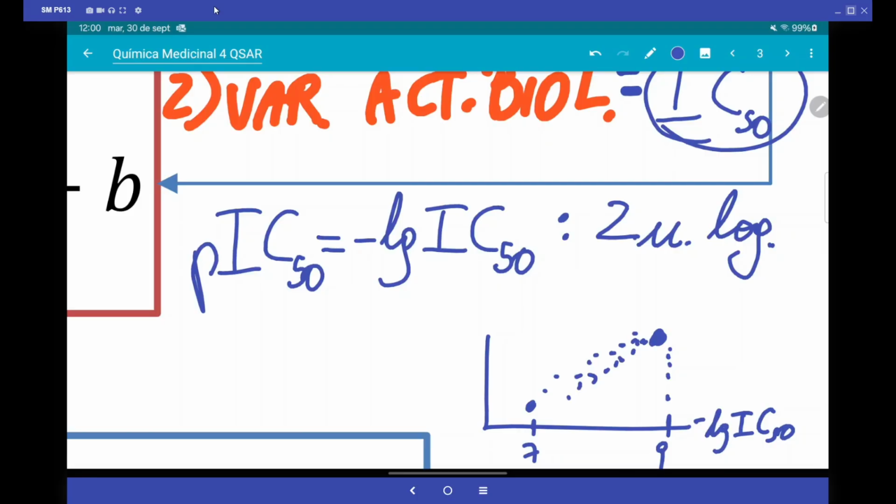We need at least 2 logarithmic units. Higher range is better; lower range decreases the probability of finding a model with a good descriptive statistic. If we have a narrow range, the probability of finding a good regression decreases considerably. So you need 2 logarithmic units to get a good QSAR.